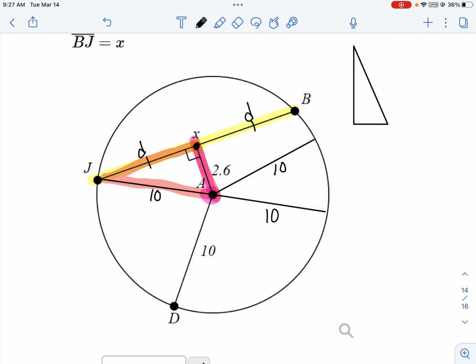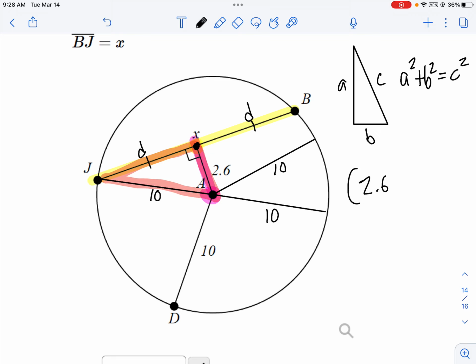Remember, the Pythagorean theorem says that if you have legs A and B and hypotenuse C, then the sum of your legs squared equals your hypotenuse squared. So we have one leg here that's 2.6.